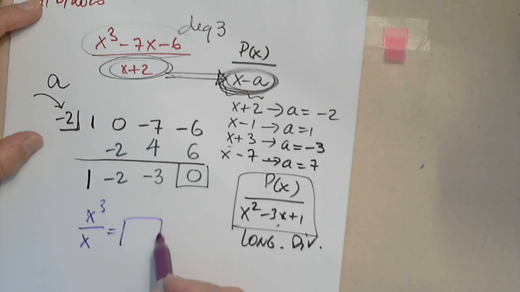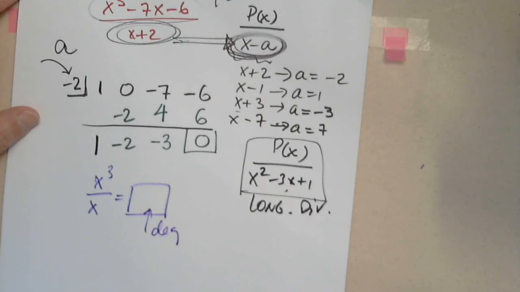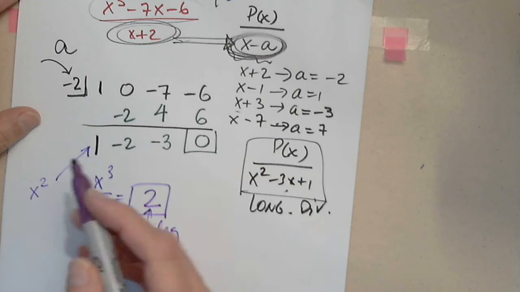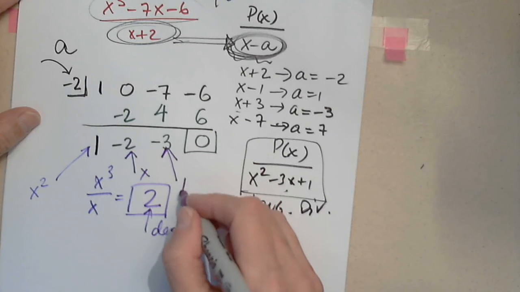what degree do I get? Degree 2. Excellent. Which means this is the coefficient of x squared. This is the coefficient of x. And this is the coefficient of the free term.